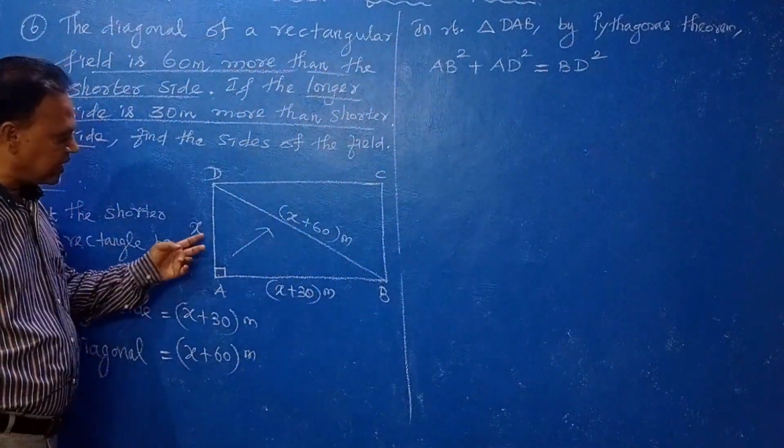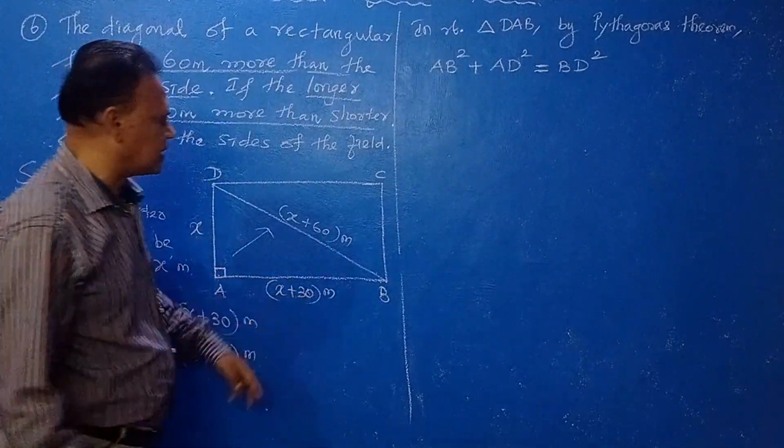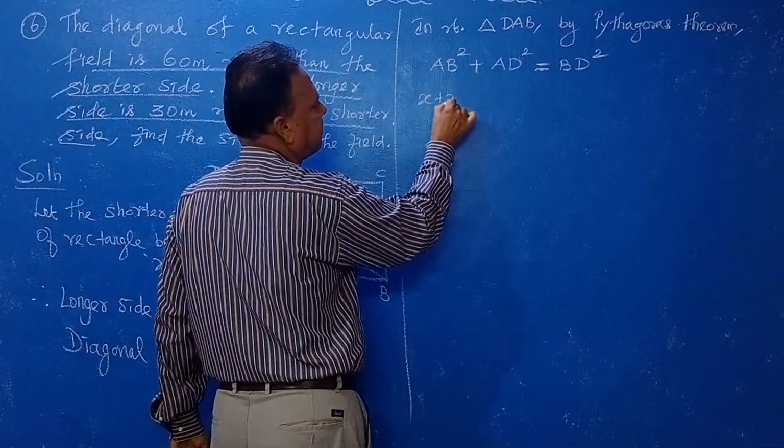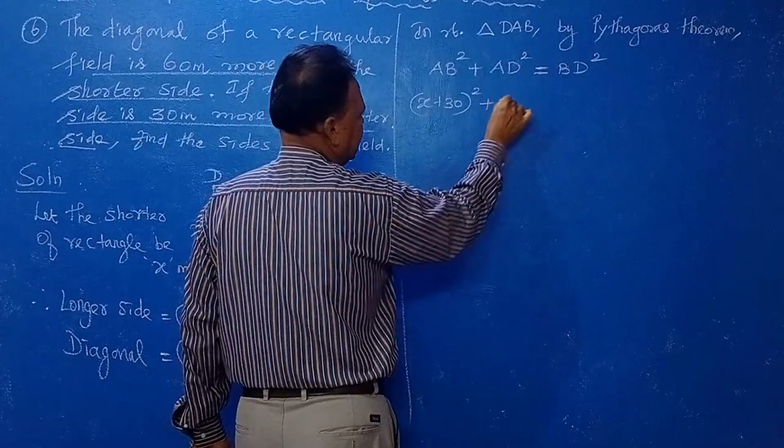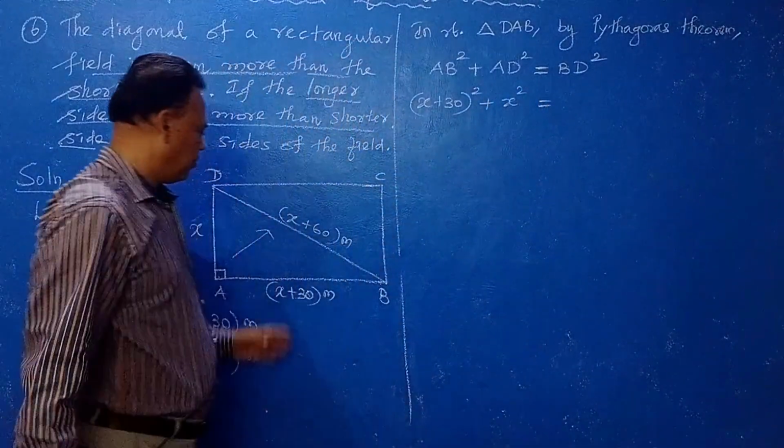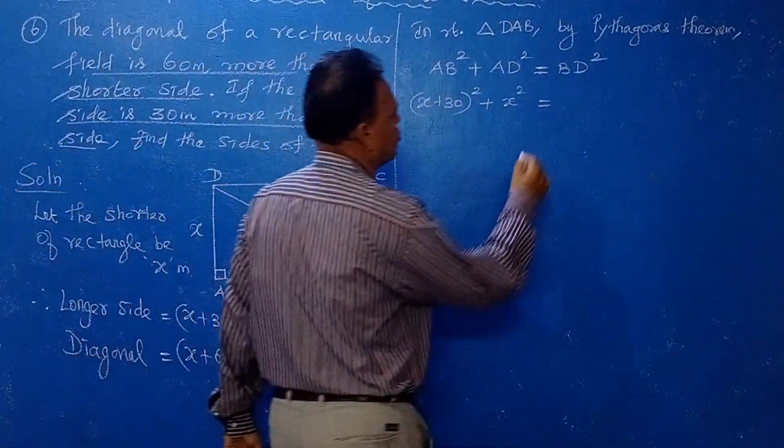Understand? So now here, what is AB squared? x plus 30 the whole squared. Plus x squared is equal to BD, which is x plus 60 the whole square.